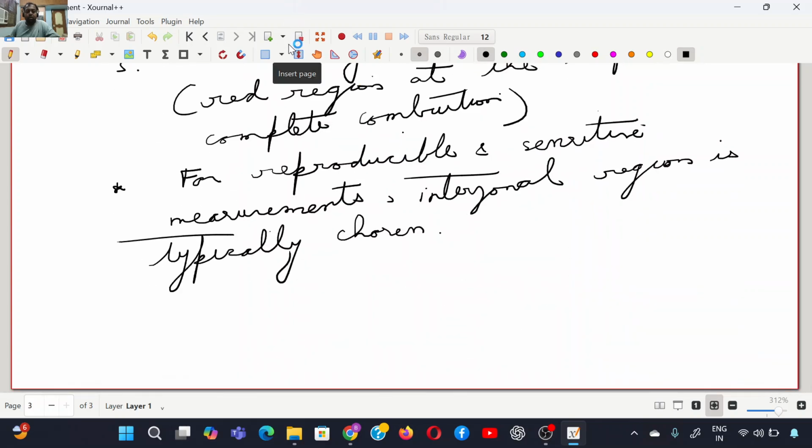Okay, so I'll just write it in the form of notes. The interzonal region is the most important one for our analysis.